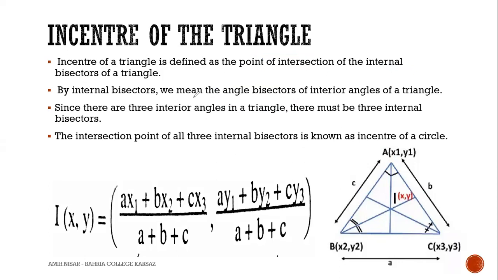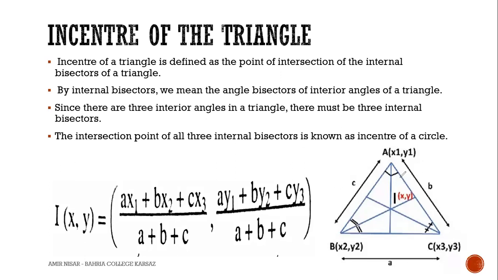By internal bisector, we mean the angle bisector of interior angles of a triangle. Since there are 3 interior angles in a triangle, there must be 3 internal bisectors. The intersection point of all 3 internal bisectors is known as in center.